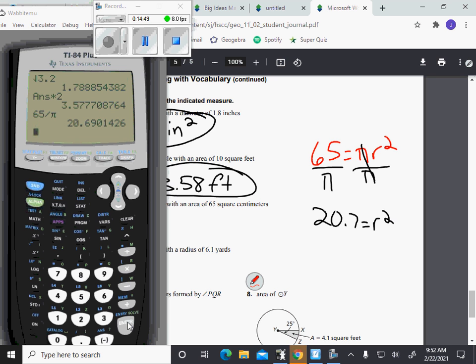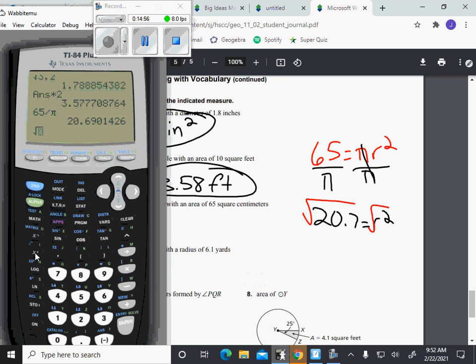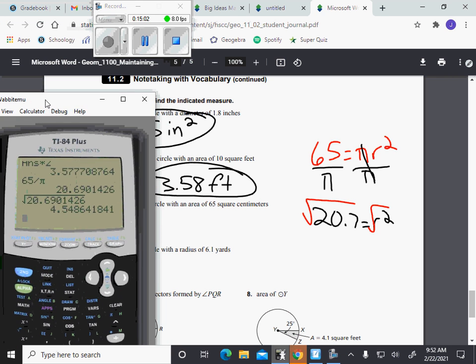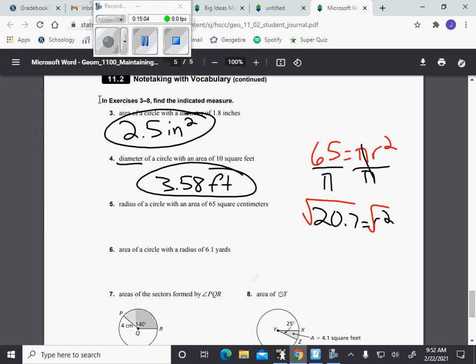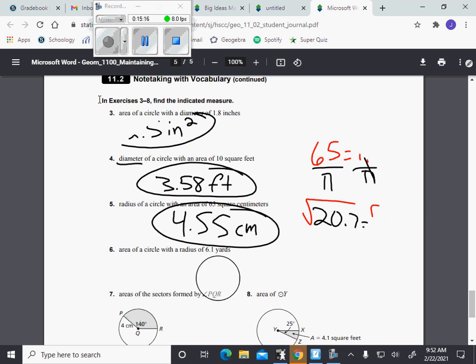And now we got to take that square root. You get 4.55. 4.55 centimeters.